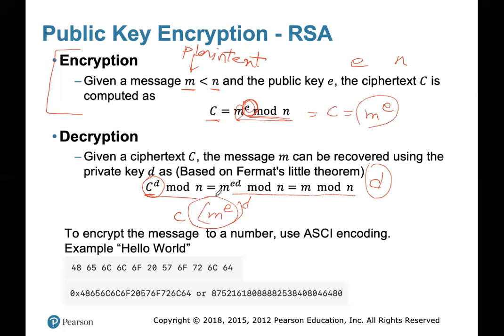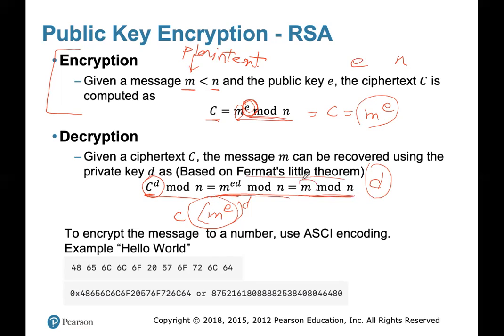There is a theorem here that I'm not going to go into the details of, called Fermat's Little Theorem. It's not a complicated one, but I thought it might not be of interest to our class, so I didn't put the theorem here. But that theorem proves that m to the power of ed mod n equals m mod n.